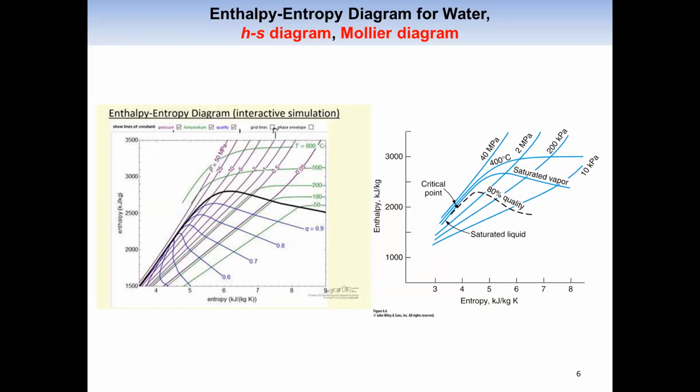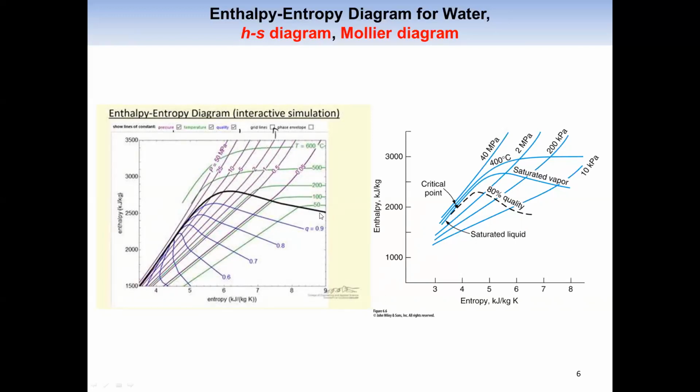This is an enthalpy entropy diagram. It's called the Mollier diagram or HS diagram. This is what I extracted from the internet. I believe it's more informative. Basically, they are the same.